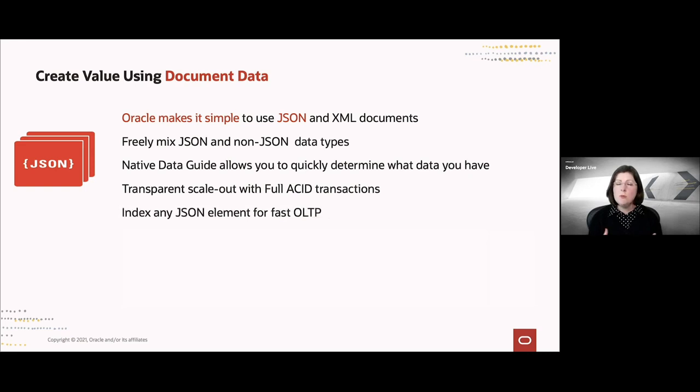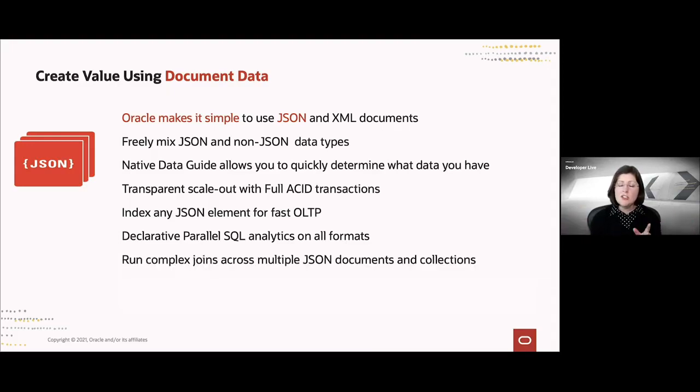And if you are using them in more of a transaction processing style system, that's no problem, because Oracle allows you to index the individual elements inside the JSON document, making it really easy to retrieve exactly the information you're interested in. Of course, if it's more analytics that you're interested in, that's no problem, because Oracle will allow you to run our full parallel SQL analytic capabilities across JSON, but not just JSON, it allows you to run queries and transactions across all the different data types.